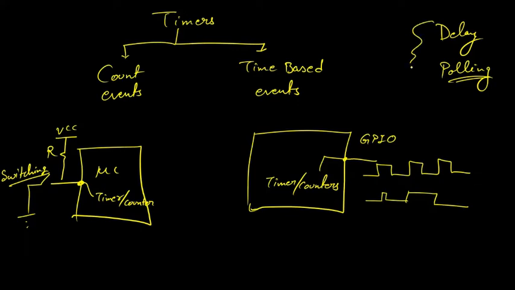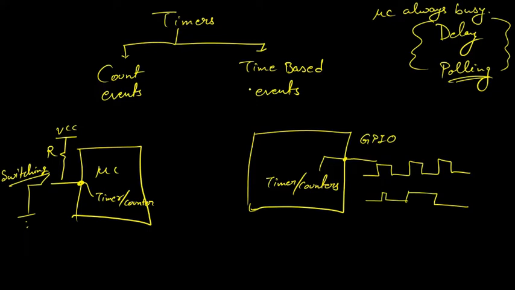This technique was consuming all the resources of the microcontroller, keeping it always busy. So the microcontroller was not able to give service to other events or other devices, because polling keeps it busy.